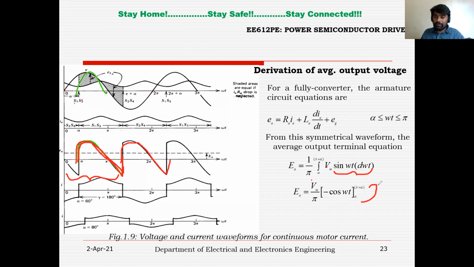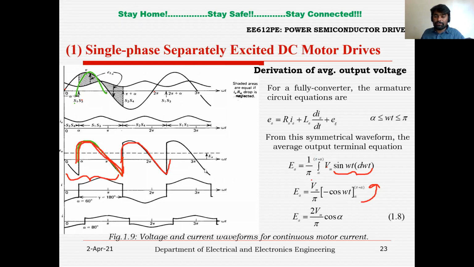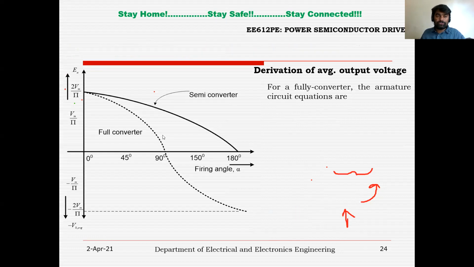The limits are alpha to pi plus alpha. So if you substitute these values in this expression, you will get the average output voltage across the load for a fully controlled converter as 2 Vm by pi cos alpha. But in case of a semi-controlled converter, it is Vm by pi (1 plus cos alpha). So now you can get any amount of voltage just by varying the firing angle alpha, right? That is what we are going to see in the next slide.